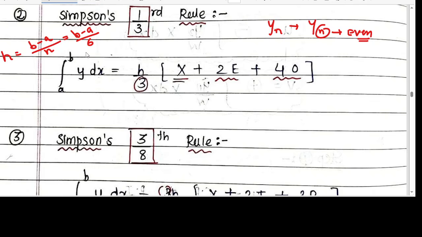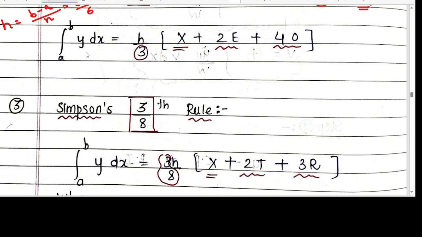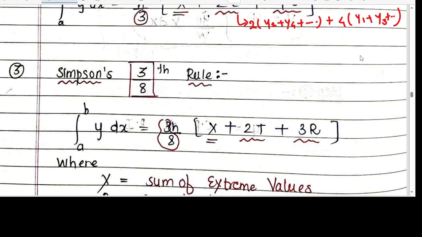So the formula for Simpson's 1/3 rule is integral a to b y into dx, which is common for all three rules. It is h by 3 into X plus 2E plus 4O. Here E represents the sum of even ordinates, that is y2, y4 and so on, plus 4 times odd ordinates, that is y1, y3 and so on. The meaning of X is the same, extreme ordinates, right?